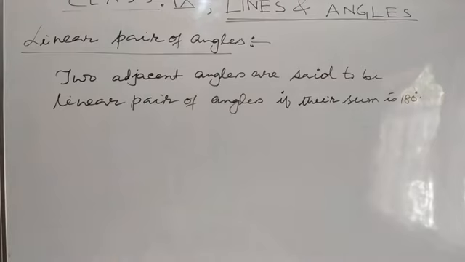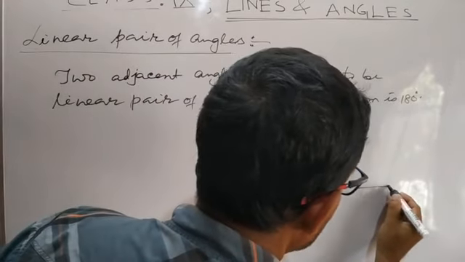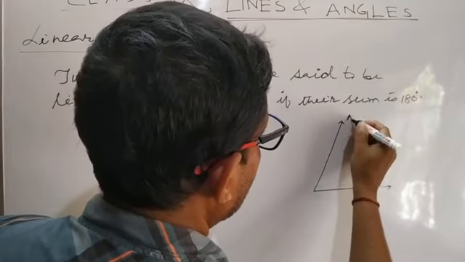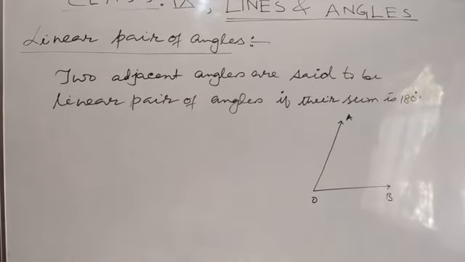Now let us see. Suppose AOB is an angle. If we want a linear pair of angles, then what to do?